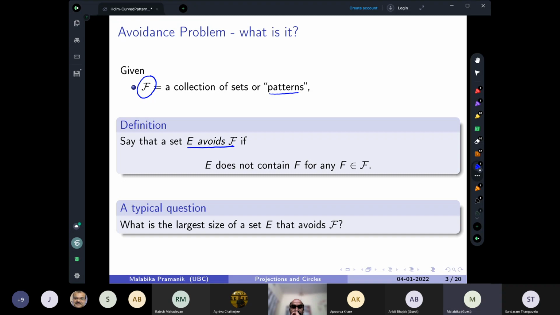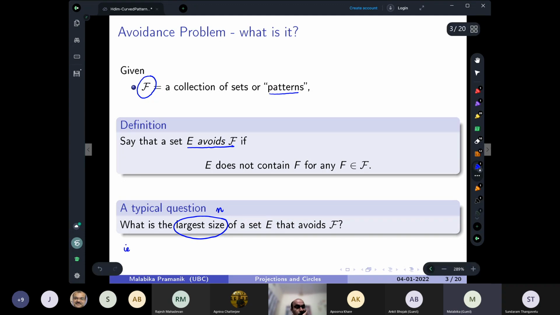Of course, there is a lot of quantitative precision that's lacking in this question, but let's say this largest size is some number, say n, whatever that means.